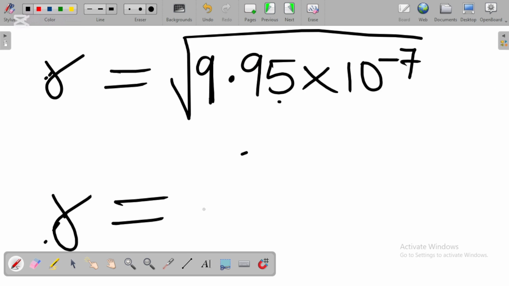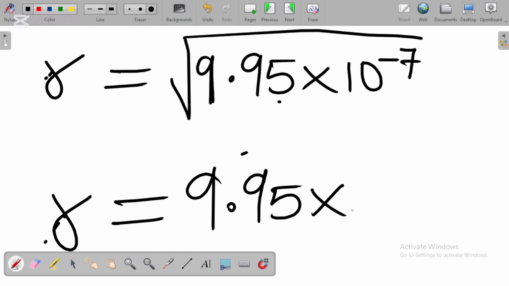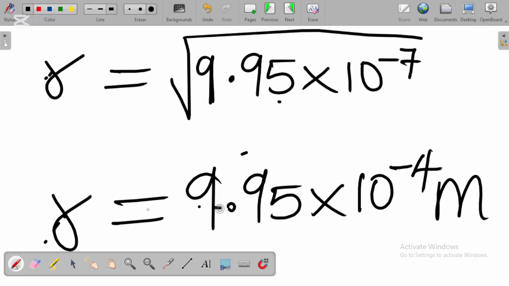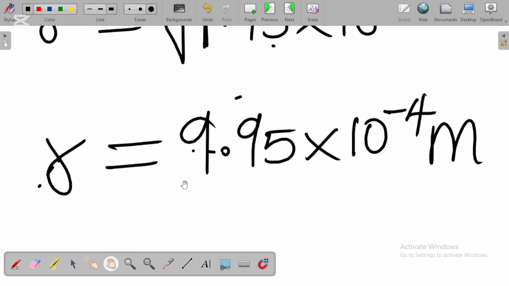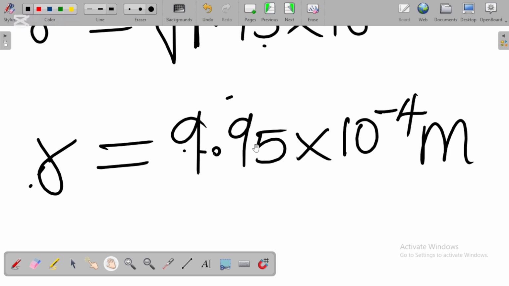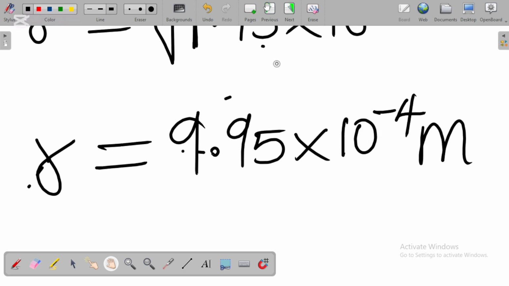You would have 9.95 times 10 raised to power negative 4. Remember, the unit of radius is meter. So radius is measured in meter. So our answer becomes 9.95 times 10 raised to power negative 4 meter.